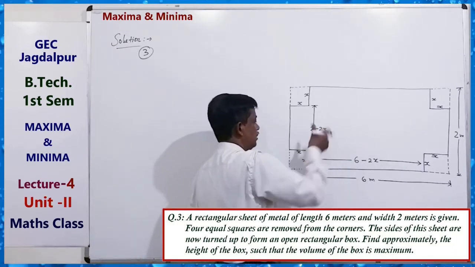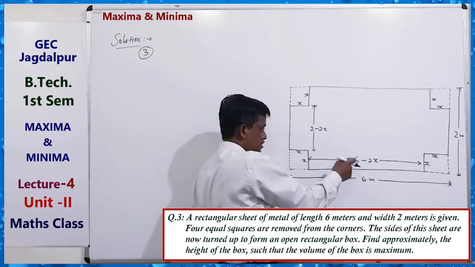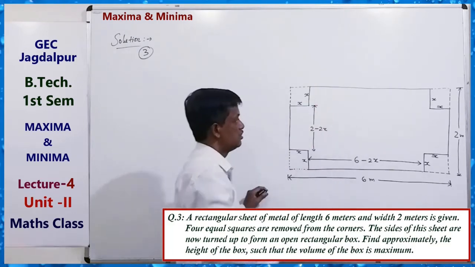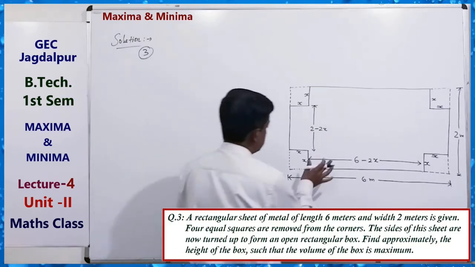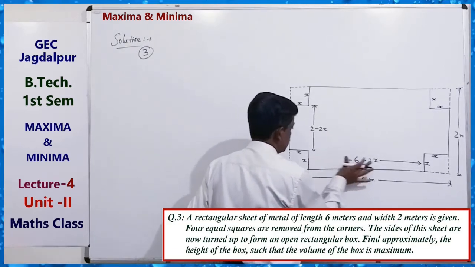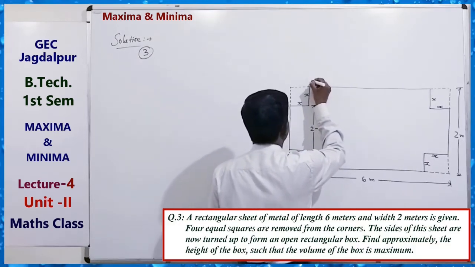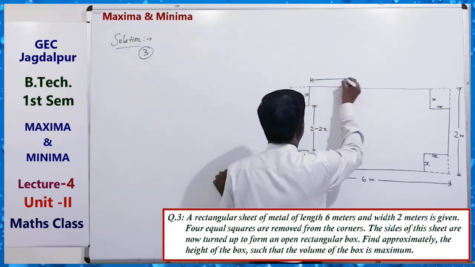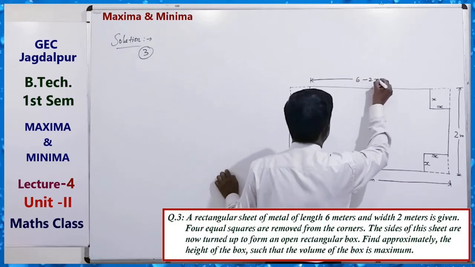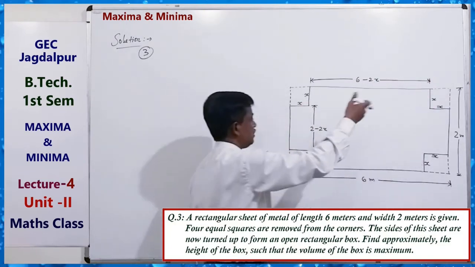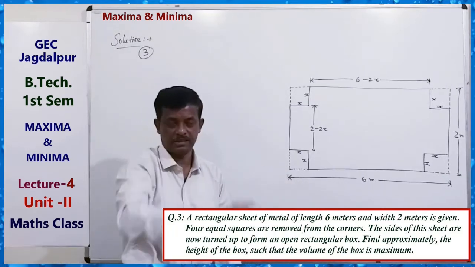Length, breadth and height is x. So we can draw this in this place also here, 6 minus 2x up to this. This is length, this is breadth and height is x.